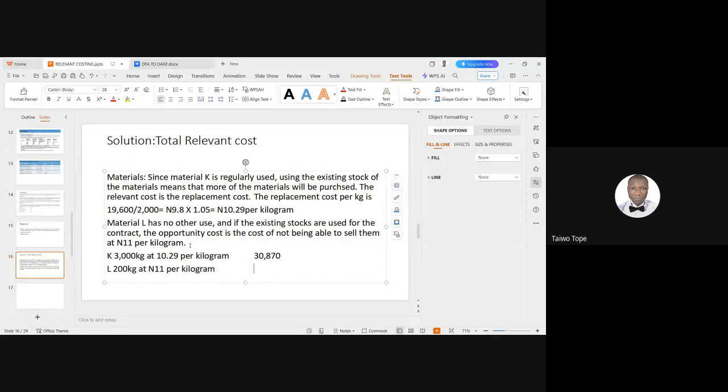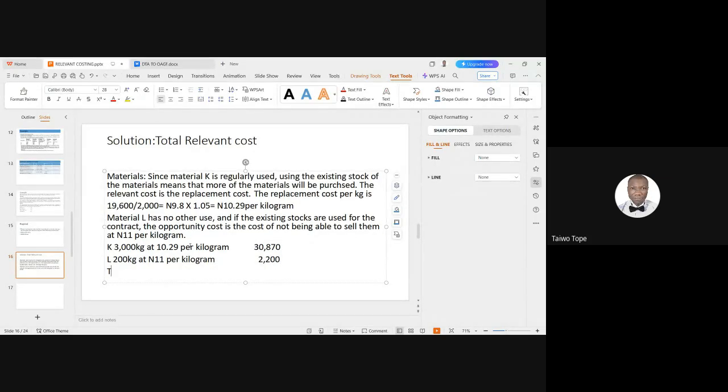The result is 2,200. So the total relevant cost of material, we have it as 30,870 plus 2,200, which is 33,070.